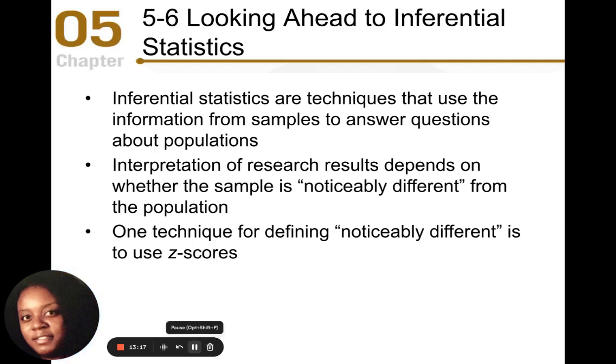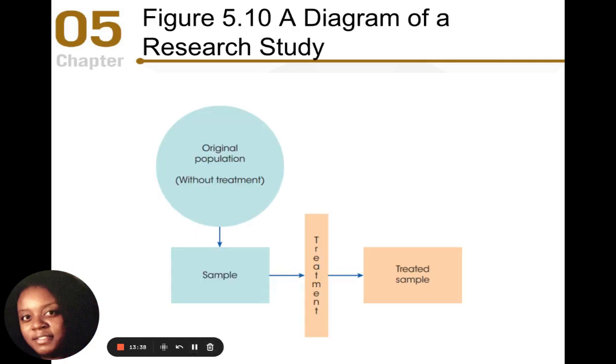Inferential statistics are techniques that use the information from samples to answer questions about populations. It can also help us interpret research results that depend on whether the sample is noticeably different from the population. One technique for defining noticeably different is using z-scores. As we look at figure 5.10, we see a diagram of a research study.